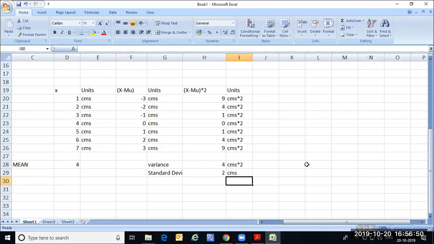And that's the whole reason there's altogether a different measure. Originally the variance was introduced, and later on the standard deviation was introduced.